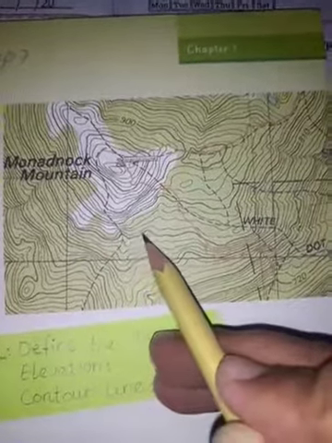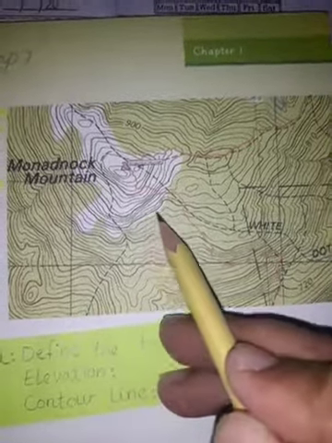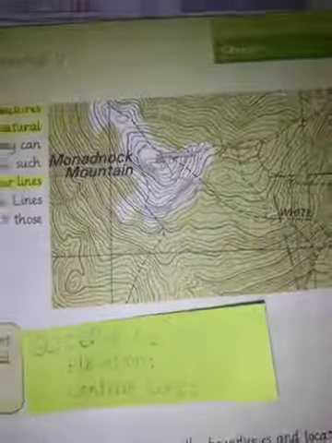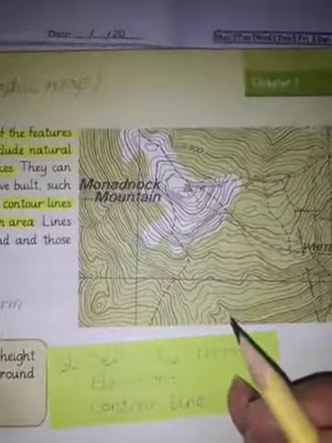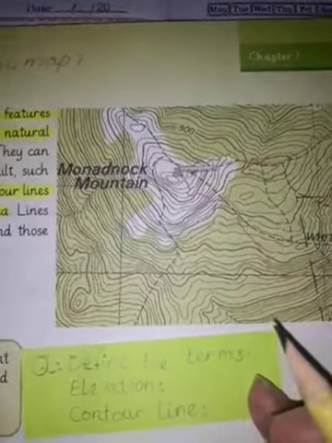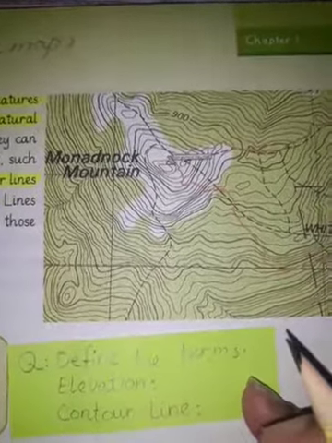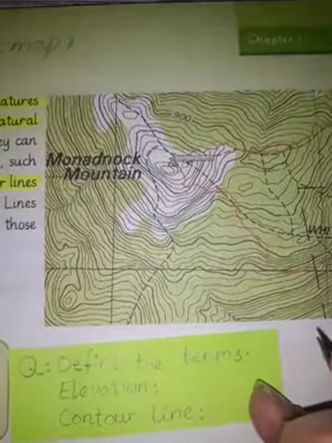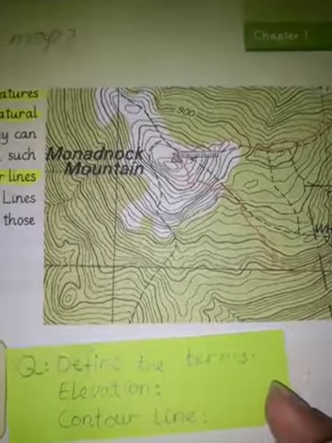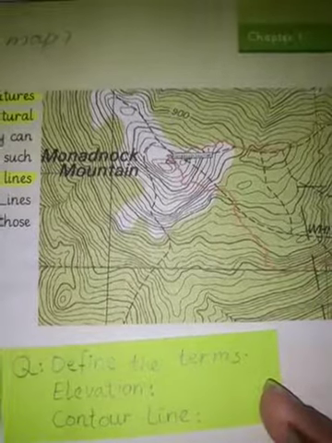Yes, these are the index lines and all of these are the contour lines. So we can say that a topographic map is a map which shows us the elevation and it gives us information about the elevation and geographical positions of the earth.